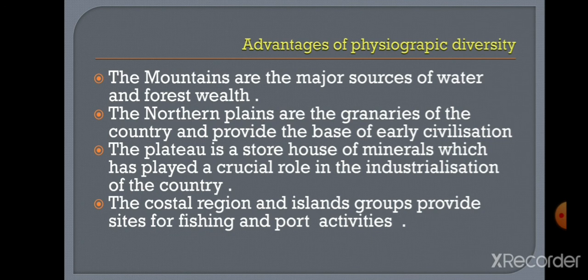When you have to trade with other countries, when you have to do fishing in the oceans, then you need coastal regions, and then you need island groups. And these are the major advantages of physiographic diversity.